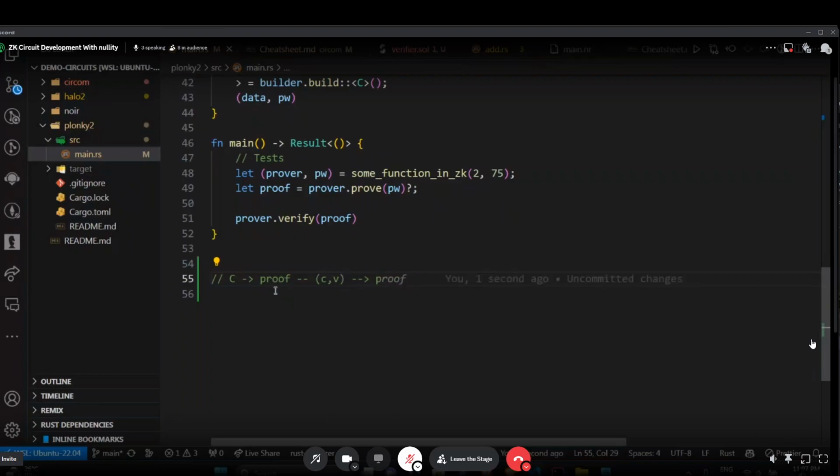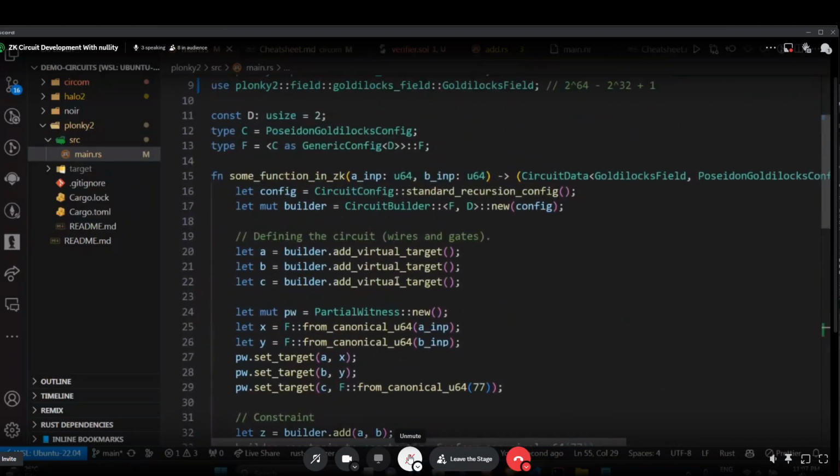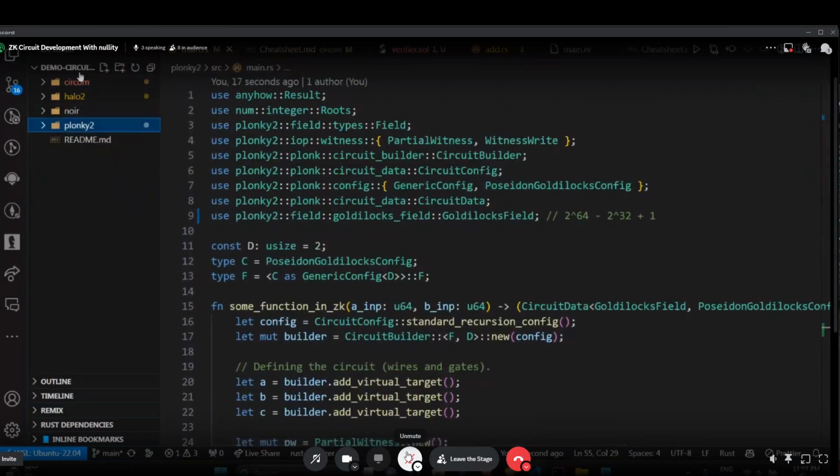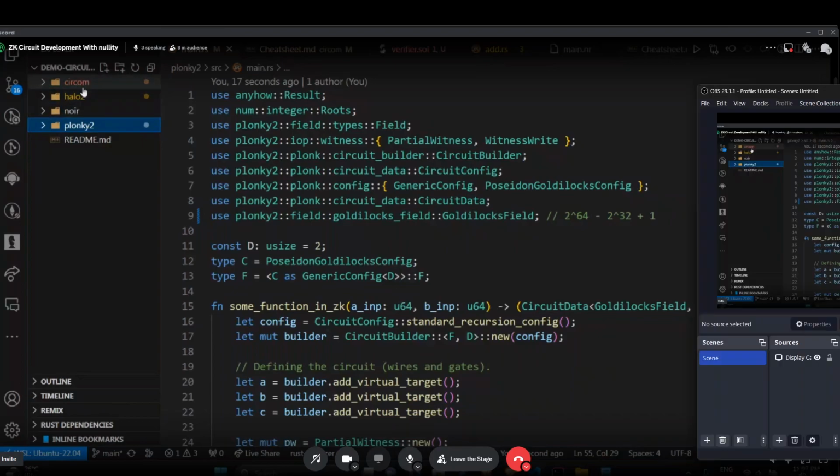So here what you see is called recursion of proofs. This way you get a proof size and the verification cost and the proof cost is lesser compared to other circuit libraries. So yeah, we just covered two languages and two libraries.